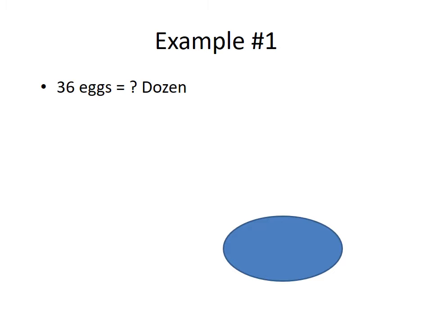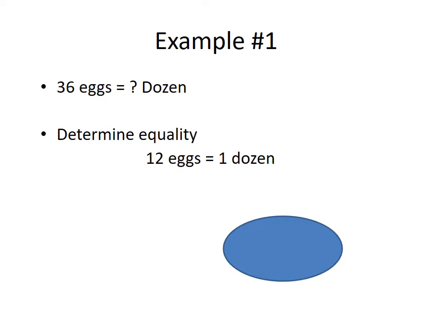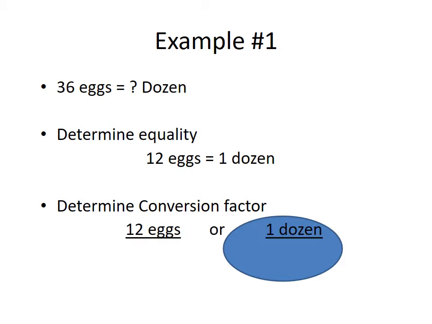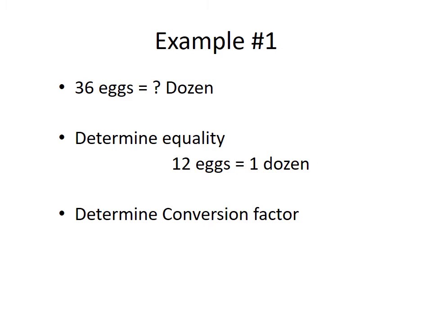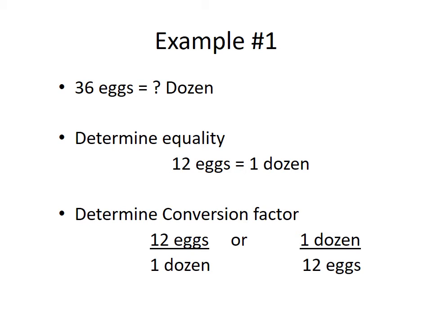Example 1. 36 eggs. How many dozens? So 12 eggs in 1 dozen. See here, 12 eggs by 1 dozen, or 1 dozen by 12 eggs.